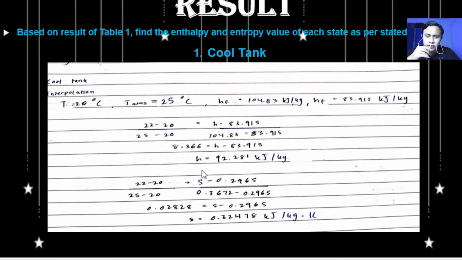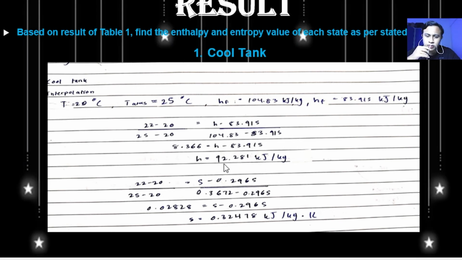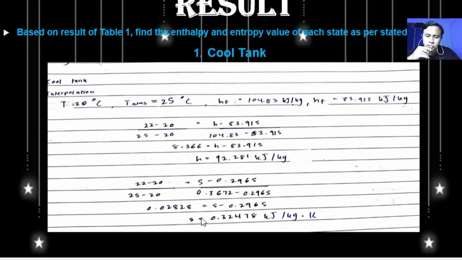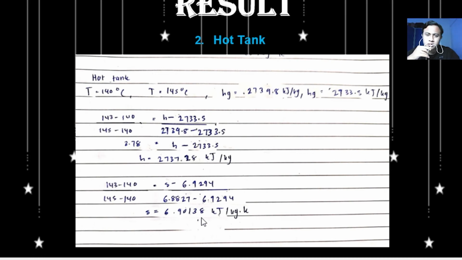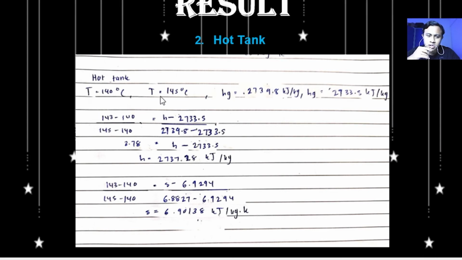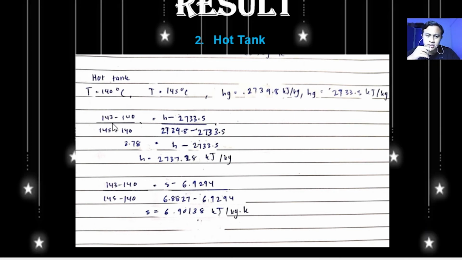The enthalpy we get for 22 degrees Celsius is 92.281 kilojoule per kilogram. For the entropy, we also do interpolation and we get 0.3247 kilojoule per kilogram times K. For the hot tank, we also refer to the saturated water temperature table, and the temperature 143 degrees Celsius does not exist.